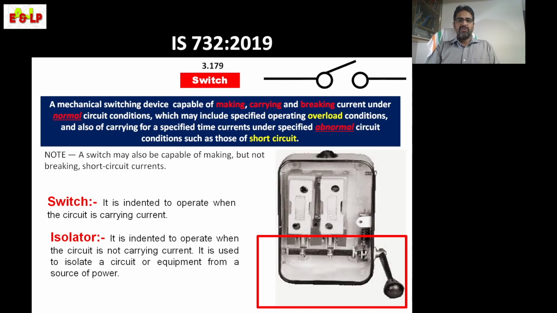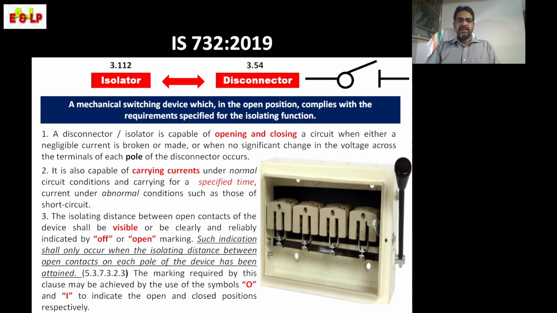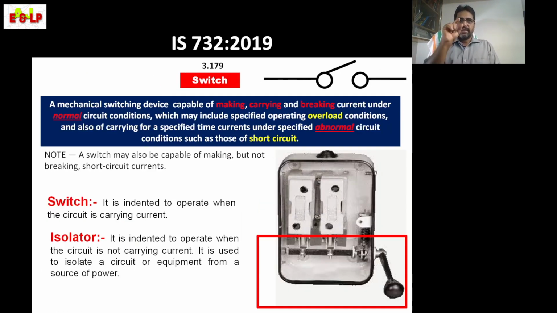In the case of an isolator, it is not said that it should break the current. It is actually not breaking the load current. It is not the purpose. But for a switch, it is the purpose. When the current is flowing through the circuit, we can operate the switch. That's the difference between isolator and switch.